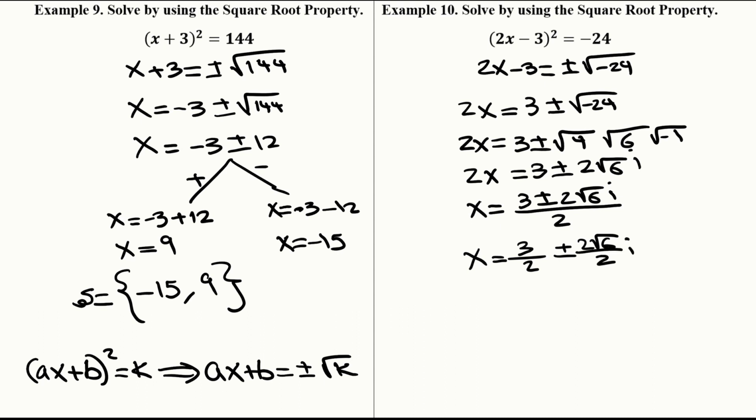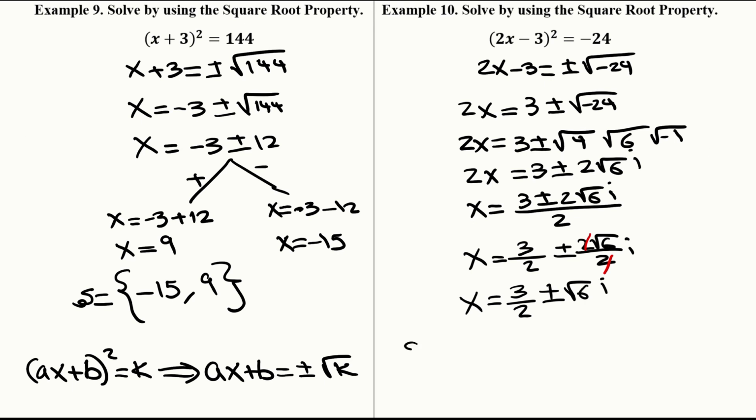Now we notice that we can cancel out the 2's here, and so we end up with x equals 3 halves plus or minus radical 6i.